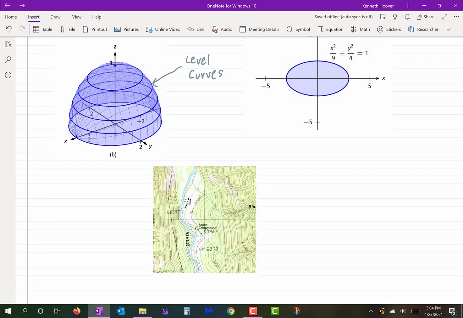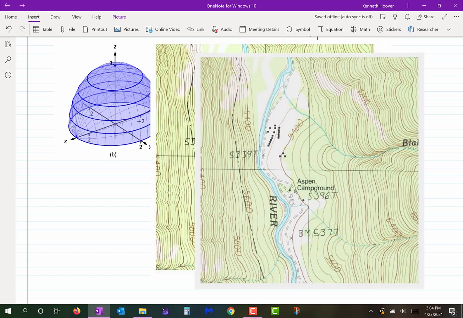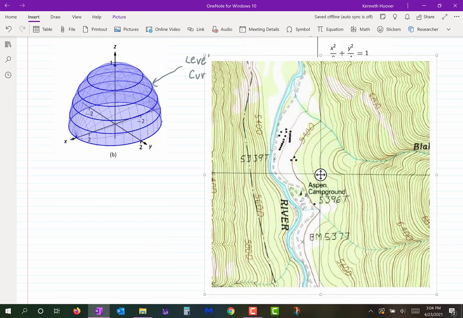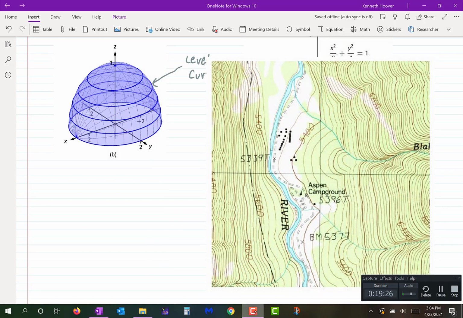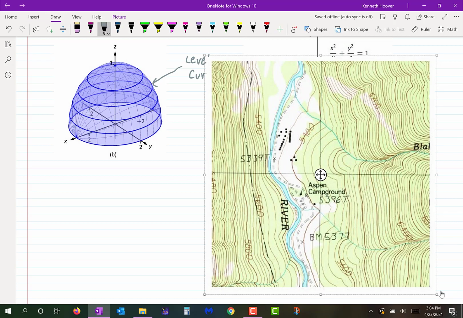You see all those lines in that picture? Let's make it a little bigger. Okay, for instance, let's look at this. You see that number 5600 right there? And then you see that line that goes through there. Not really a line, but this path.